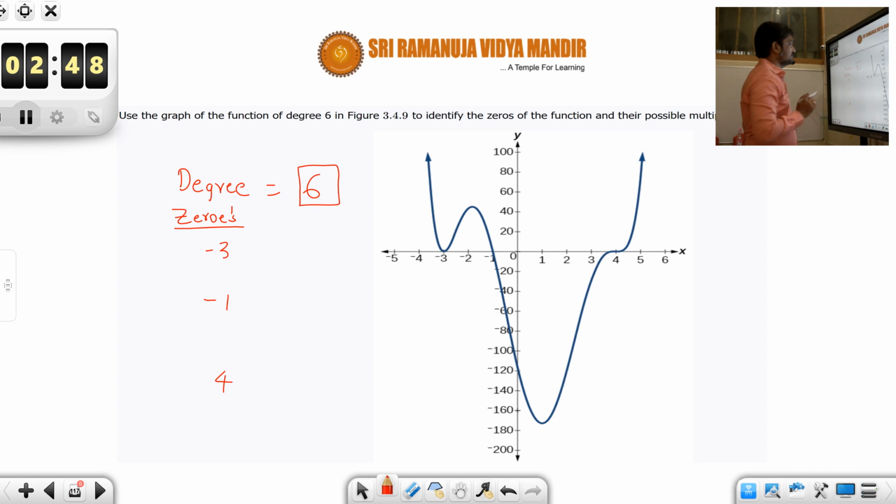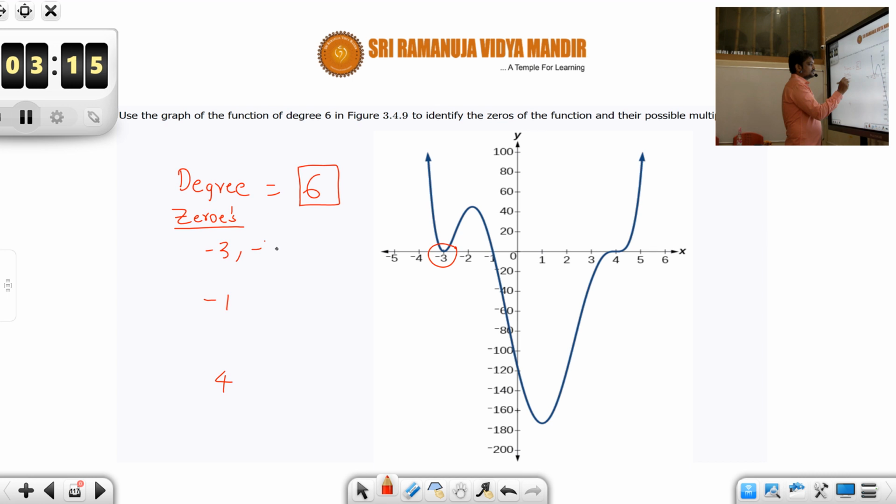At -3 the graph is bouncing back, so the behavior is quadratic. What should be the multiplicity of this zero? The multiplicity should be 2, which means this is a repeated zero, repeating 2 times.